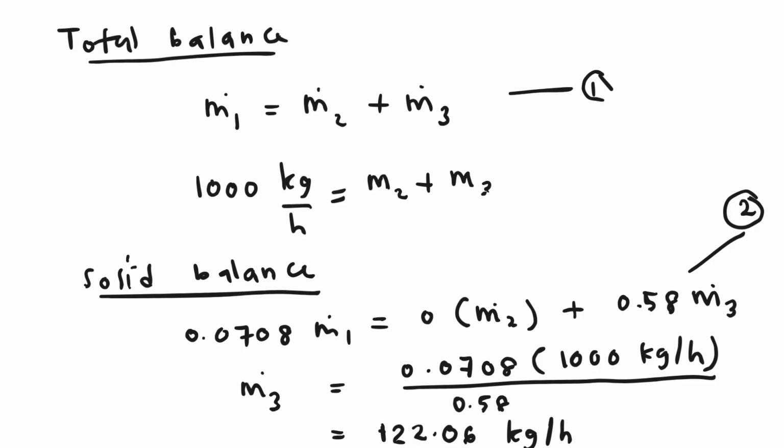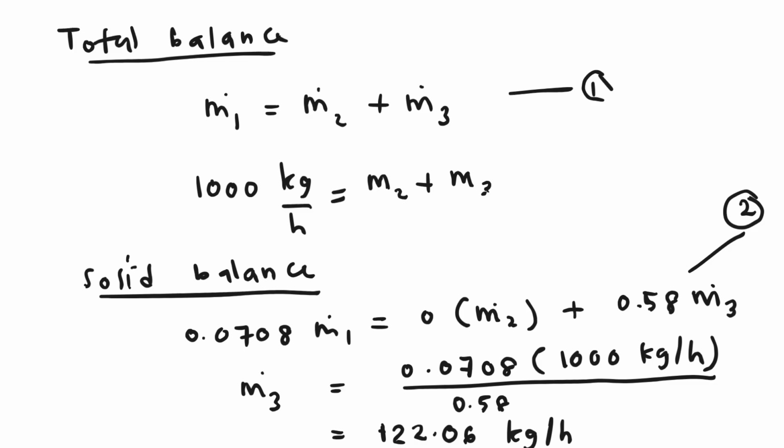This is how we express the equation. From this equation, which I call equation 2, we can solve for M3. So M3 ends up with 122.06 kilogram per hour. This is the concentrated juice mass flow rate.